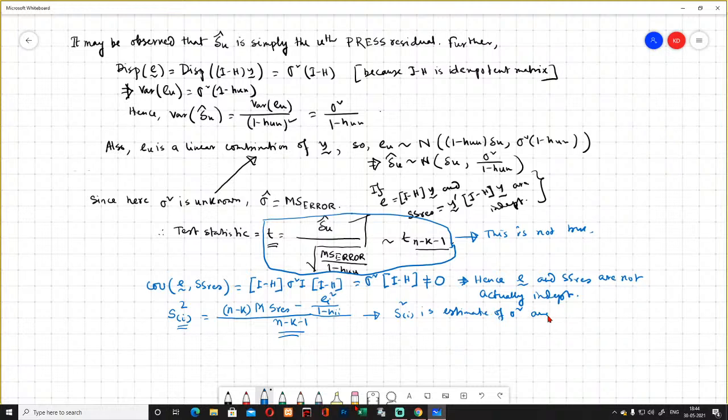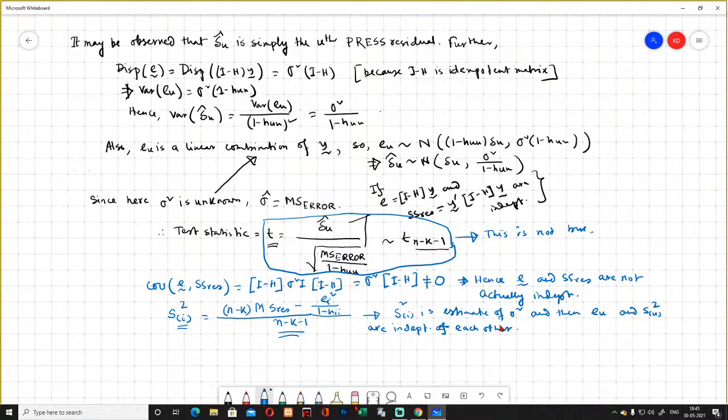And then e_i and S_i square are independent of each other.